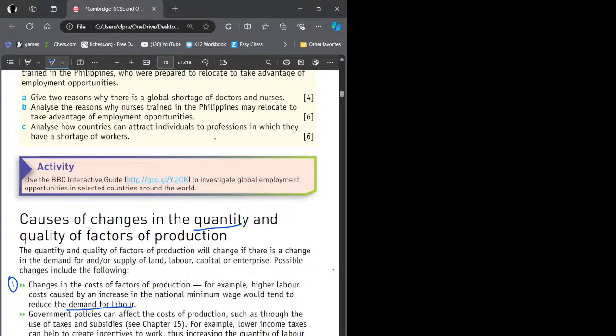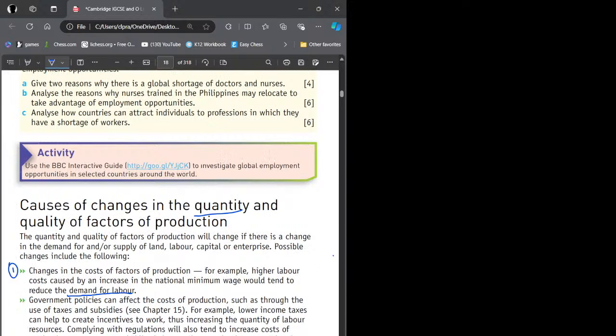That is for increasing taxation. What about decreasing taxation? If the government decreases taxation, then firms will be able to have higher profits and they'll be able to employ more workers that will help them to increase their supply, right?